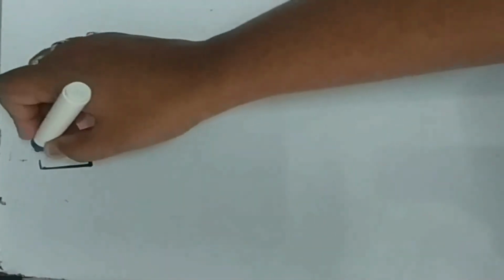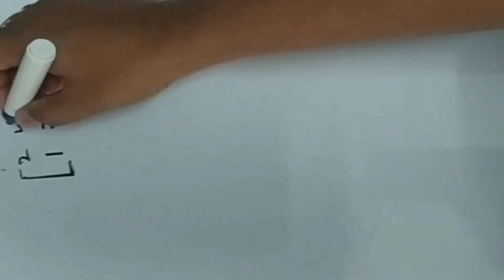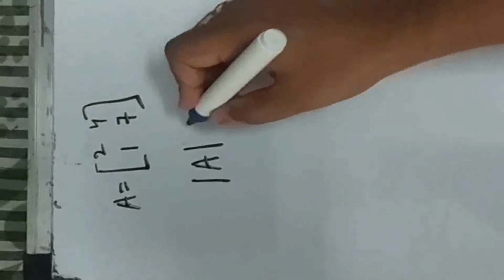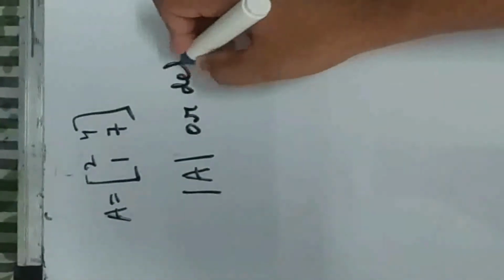A specific numerical value assigned to any matrix. So the determinant of a matrix is any specific numerical value assigned to that matrix. For example, if this matrix A is 2, 4, 1, 7, then the determinant, you can write like this or like this.